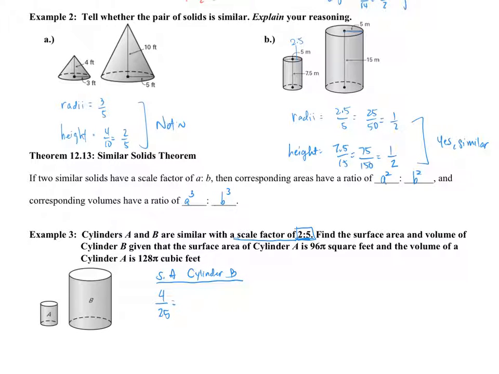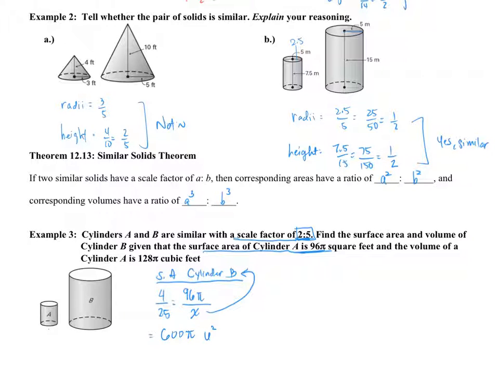And then we'll set that equal to 96 pi, because that's the surface area of cylinder A, and put it over x, and x will represent the surface area of cylinder B. And now I'm going to solve for x, and x should be 600 pi square units.